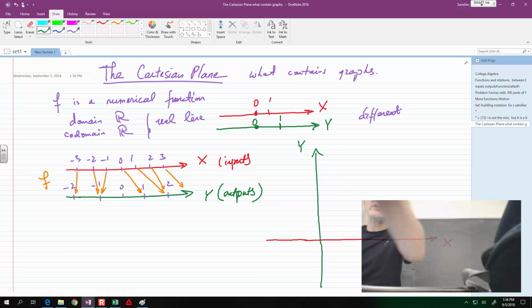Before we even get to the function, we align the zeros, the 0 of the y-axis and the 0 of the x-axis, like this. That is a very special point.